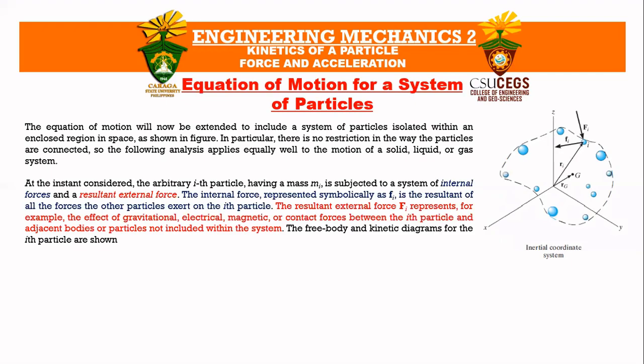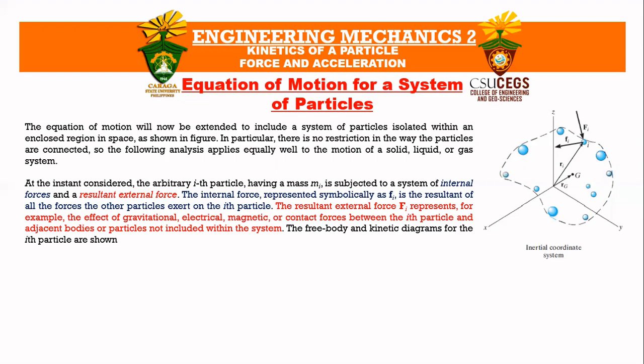So at the instant considered, the arbitrary i particle, which is represented by the letter i here in our figure, having a mass mi, is subjected to a system of internal forces and resultant external forces. The internal force, represented symbolically as small letter fi, is the resultant of all the forces the other particles exert on the ith particle.